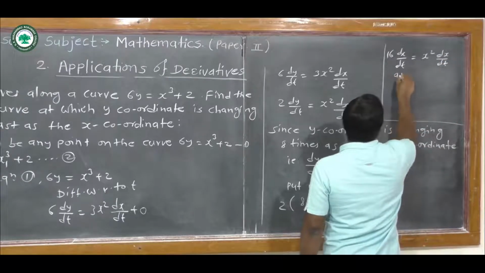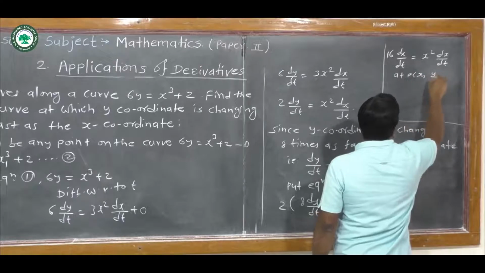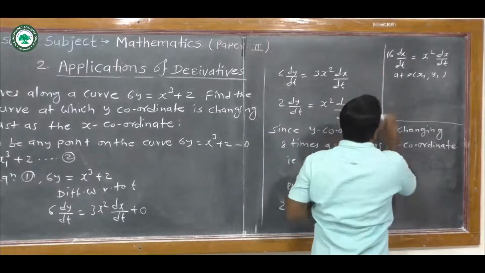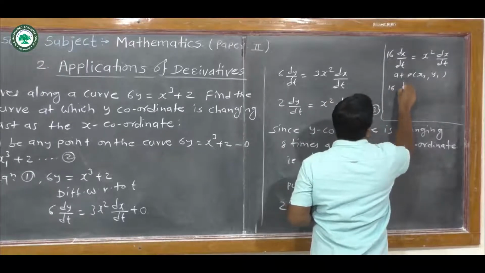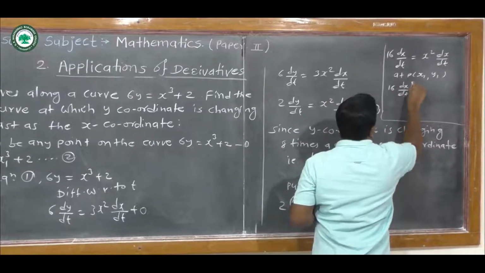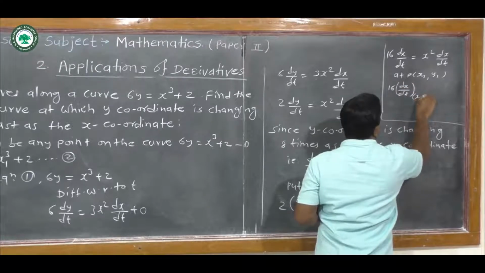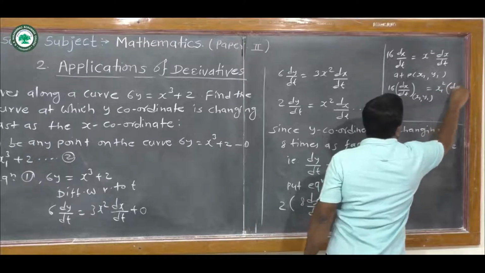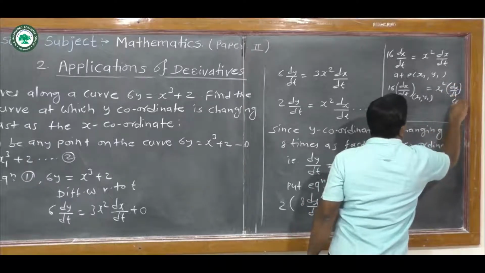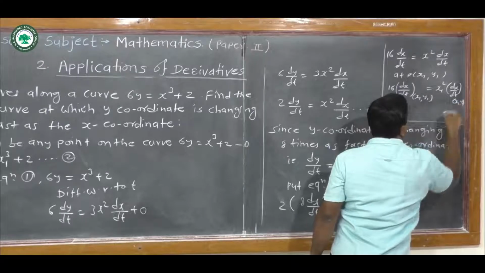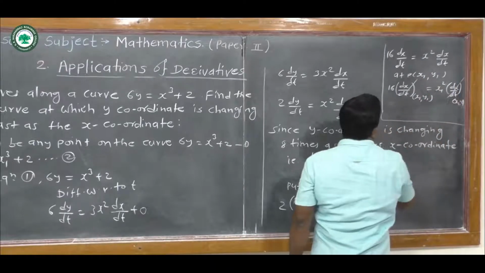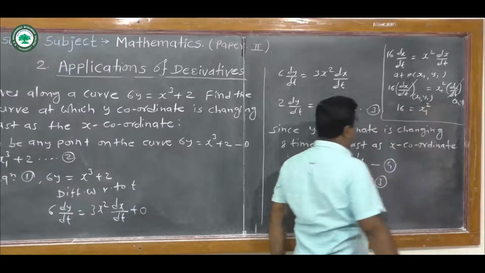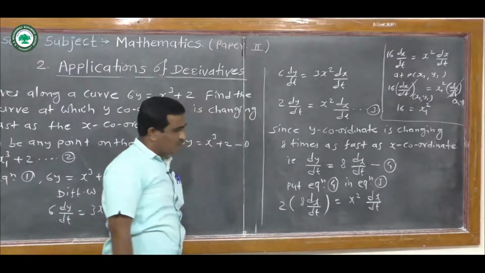Now at point P(x1, y1), we can write this equation as 16 into dx by dt at (x1, y1) is equal to x1 square into dx by dt at point (x1, y1). Now this dx by dt cancels out, remains only 16 equal to x1 square.